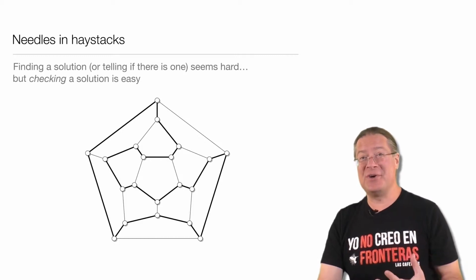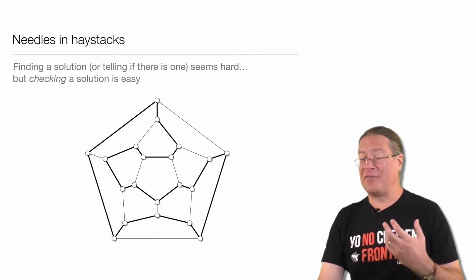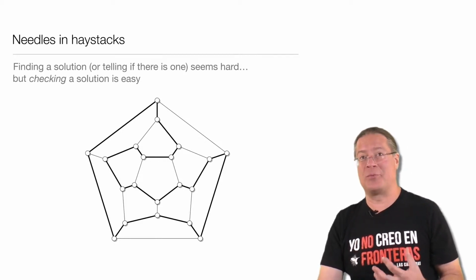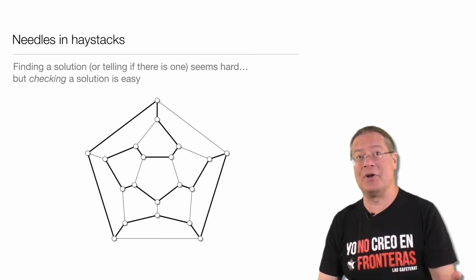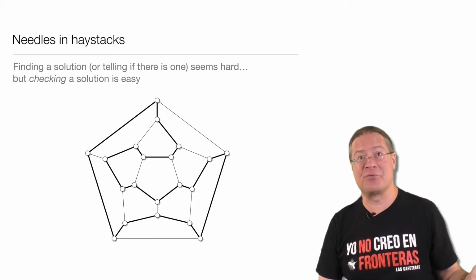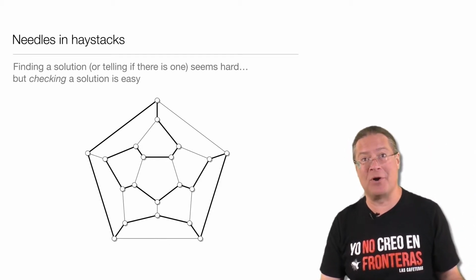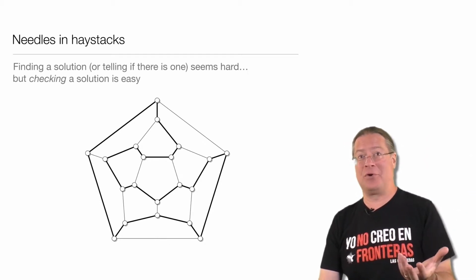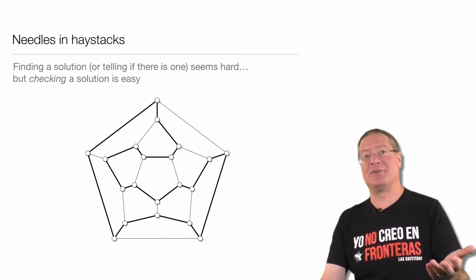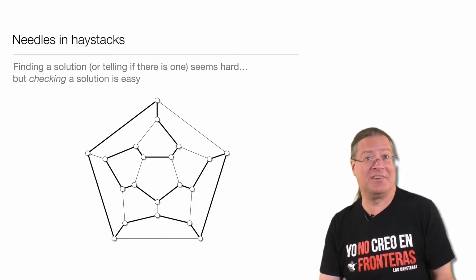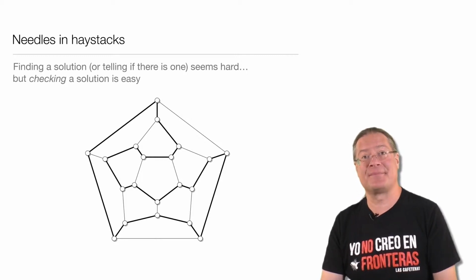Well, we don't know a fast way to find such a tour or even to tell whether one exists, but it's certainly true that if you show me one, or God gives me one in a dream, or I trip over one on the sidewalk, I can check to see if it works. That's easy. Just check that it moves in a legal manner along the edges of the graph and that it does indeed visit each vertex.